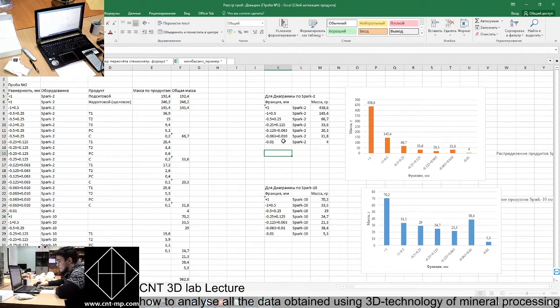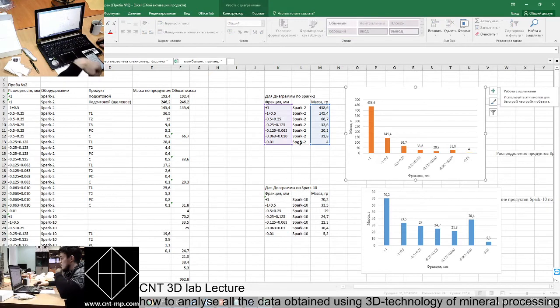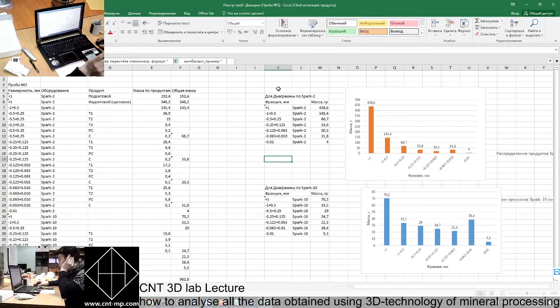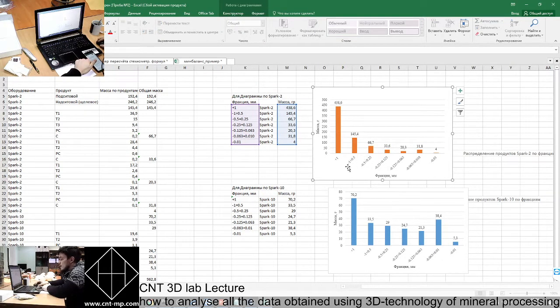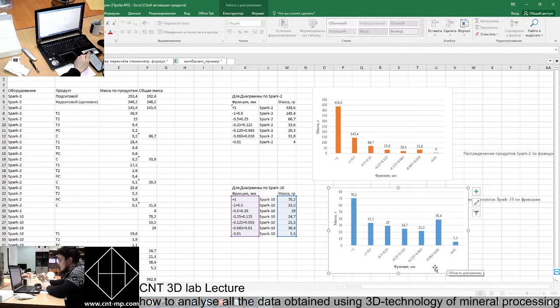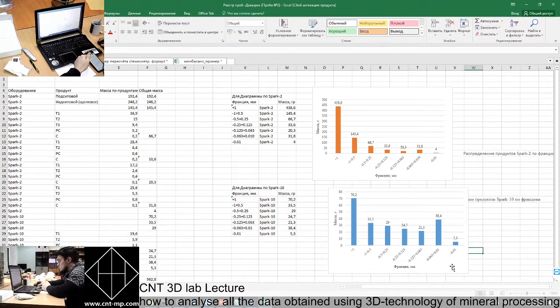And we can build the tables once again, tables for product Spark 2 and product Spark 10, but tables are not so good for showing. That's why we always try to build histograms, as we can show anomalies, the anomaly distribution, much more easily.